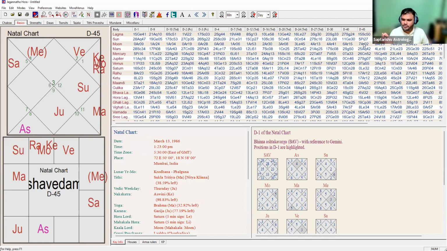If you want to master divisional charts, read classical books and understand them. After that, go and listen to lectures of modern authors and read books. At least you will have the intellect to judge which is right and which is wrong. Whatever is right, adopt it. Whatever is wrong, leave it. Nobody is perfect here.